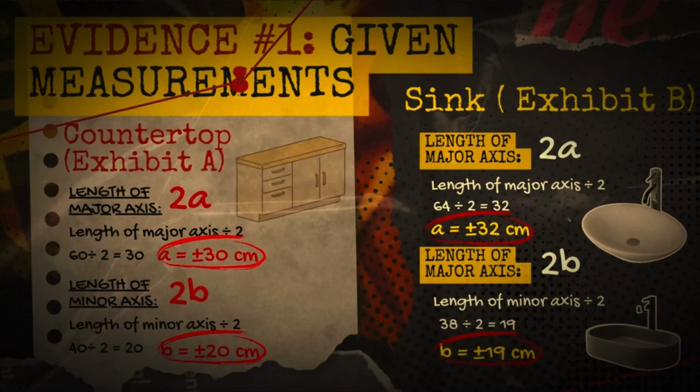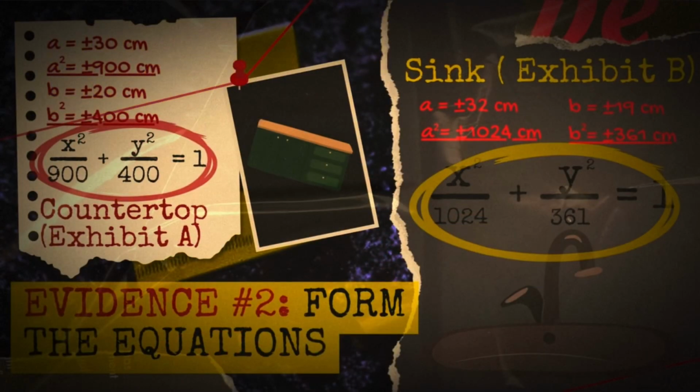That is why a is equal to positive or negative 32 in our exhibit B. On the other hand, for our minor axis, we need to divide 38, the length of our minor axis, by 2, which will result in 19. That is why b in our exhibit B is equal to positive or negative 19.